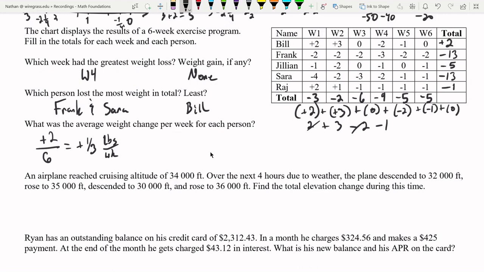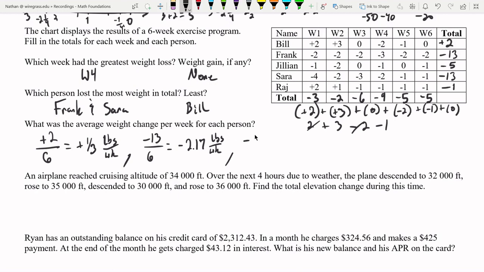So that was Bill. Frank is next. Frank lost 13 pounds over 6 weeks. So that's going to be, let's get a decimal average for that one. It's going to be negative 2.17 pounds per week. All right. And now we have Jillian.